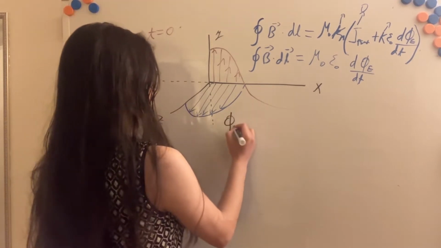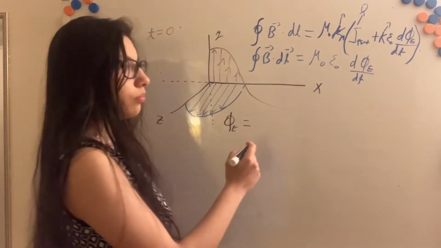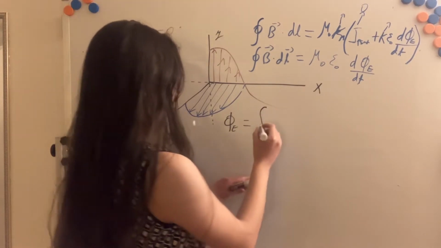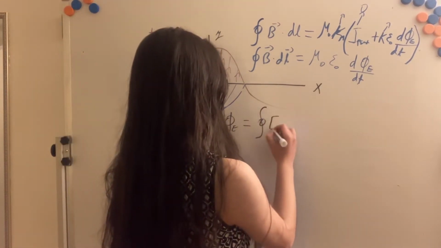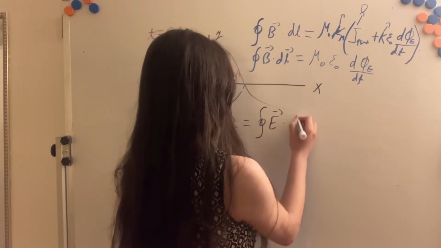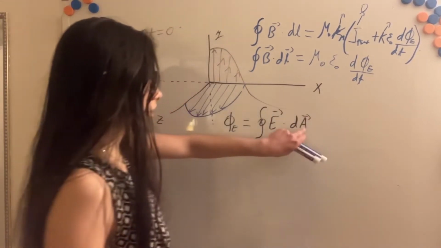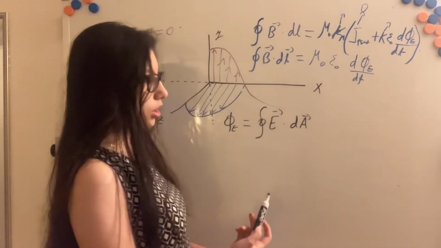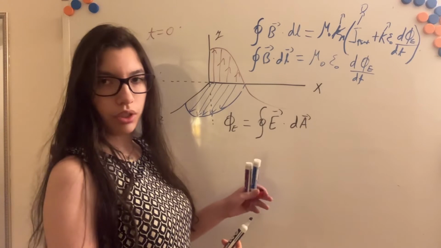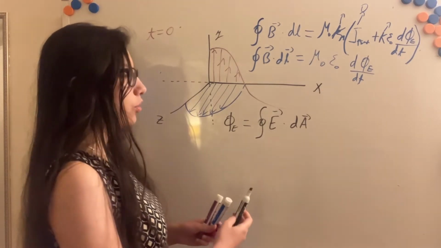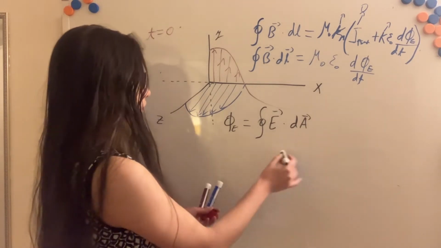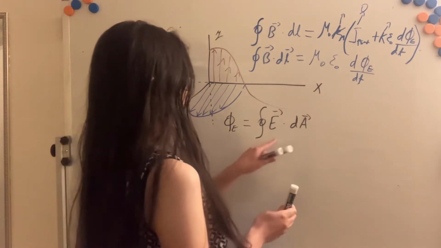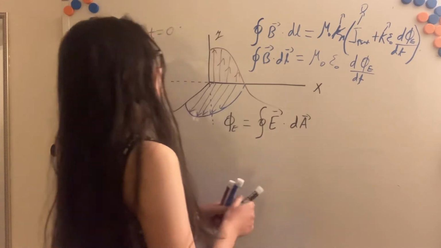For the electric flux we have the Gauss law for electricity, that is the closed surface integral of the electric field dot dA. This A vector has a magnitude equal to the magnitude of the area, and the direction is perpendicular to the surface of the area that we're going to take. So the electric field will be changing.